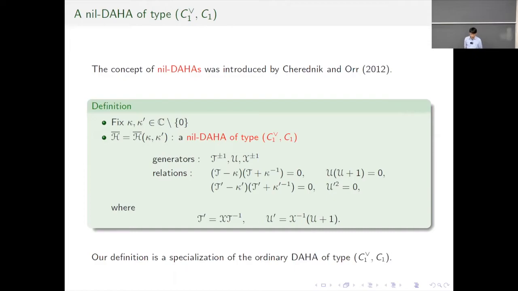There are five generators: t plus minus 1, u, x plus minus 1, and the relations you see there, where t prime is x times t inverse and u prime is x inverse times u plus 1, where 1 is the unity in this algebra. Actually, this definition is nothing but a specialization of the ordinary DAHA. I will show shortly how I specialize the ordinary DAHA to get this nil-DAHA.